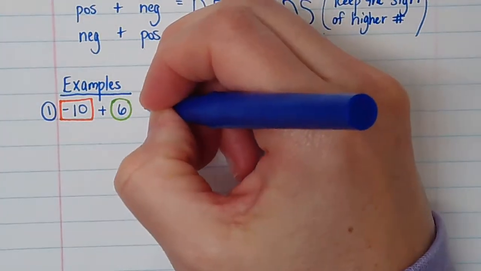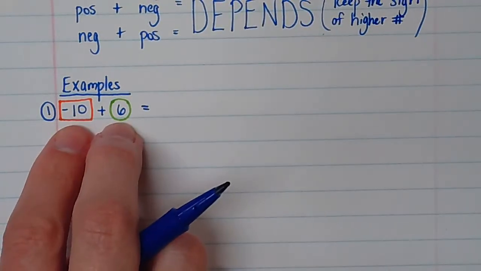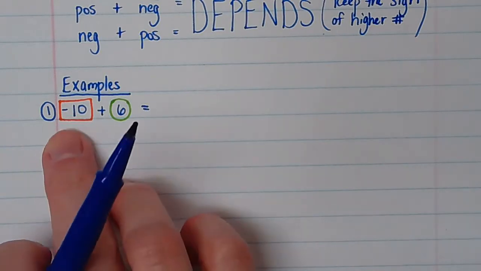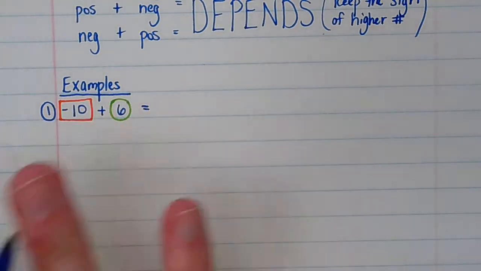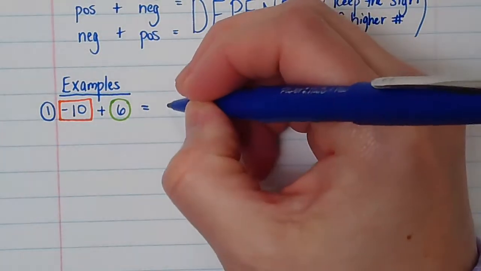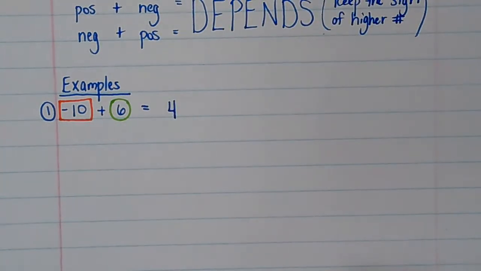So you just do regular subtraction. It doesn't matter which one comes first. Regular subtraction, you would have the bigger number first. So don't worry about the negatives and positives, just look at the numbers. 10 minus 6 is 4. Now I have to figure out if my answer is going to be positive or negative. It says keep the sign of the higher number.